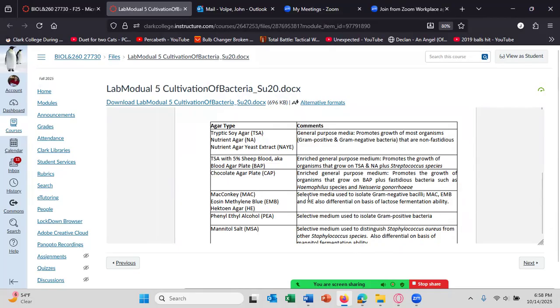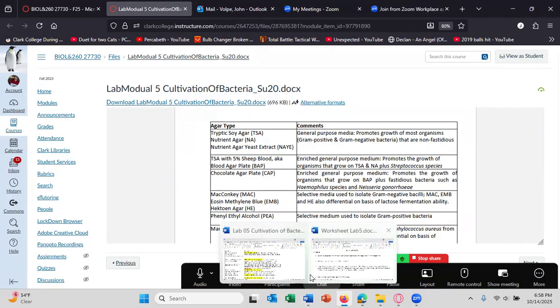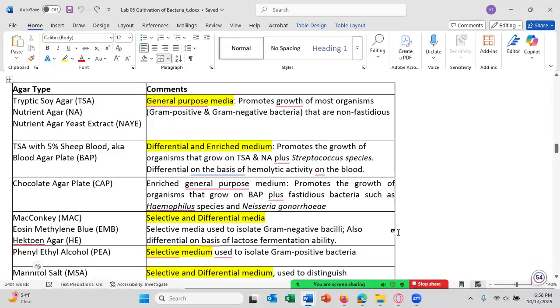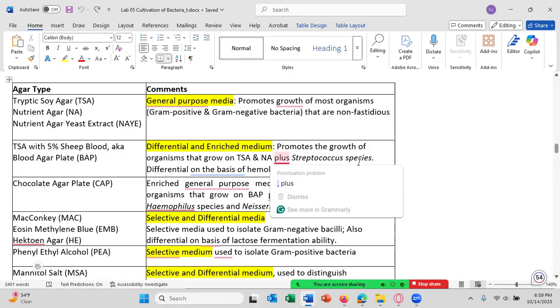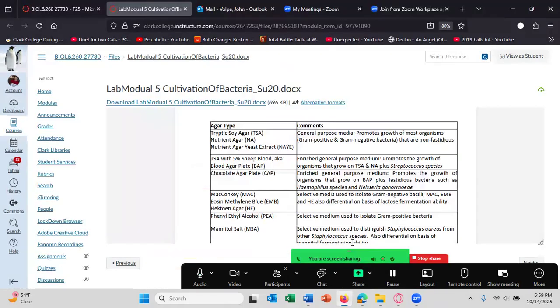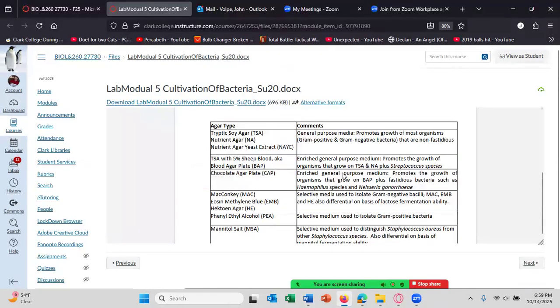MacConkey's is selective and differential. Do I talk about more in mine? There were just some comments in the TSA with 5% sheep blood one. So this one here has something different, is what you're telling me. Yeah, it says differential on the basis, and that one didn't have any comment about that.